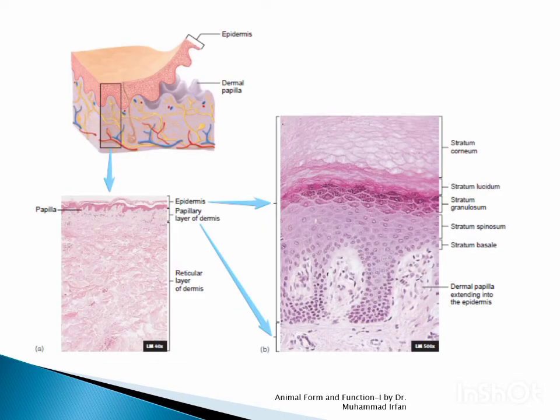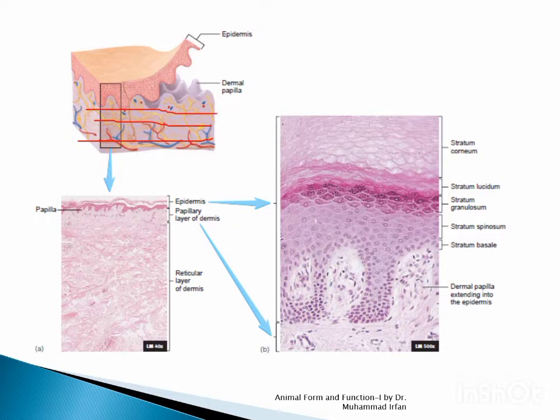The dermis is divided into two layers: the deeper reticular layer and the superficial papillary layer. The papillary layer derives its name from projections called dermal papillae, extending toward the epidermis. The papillary layer is loose connective tissue with thin fibers that are loosely arranged, with many spaces between them.